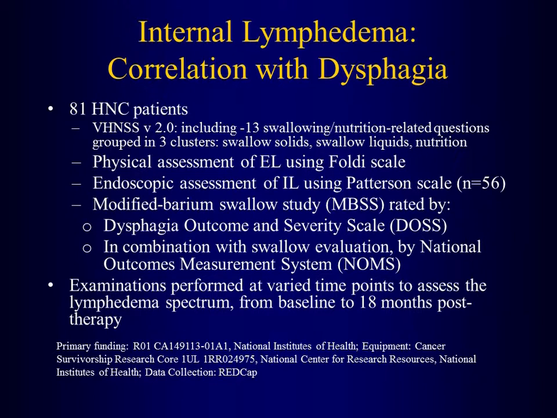We had a physical assessment of external lymphedema, an endoscopic assessment of internal lymphedema, and a modified barium swallow. And what we wanted to find out was the degree to which physical findings, patient report findings, and modified barium swallows correlate.